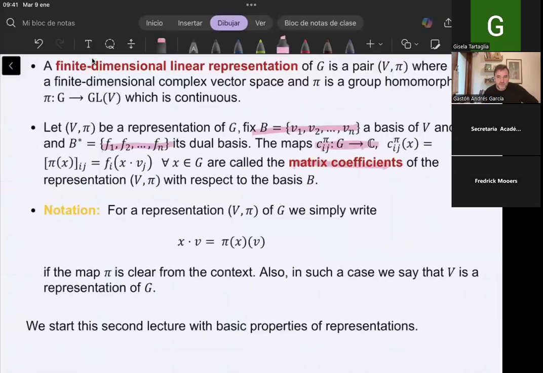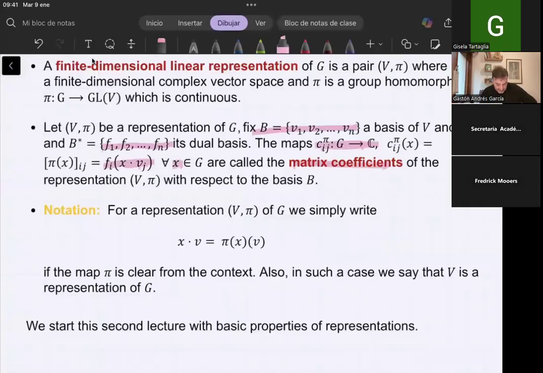And how do we compute the matrix coefficient? For any fixed element of G, we let it act on an element of the basis and then evaluate on the dual basis. In that way, we get a continuous map from the group to C, and these are called the matrix coefficients. They're going to be important from now on.